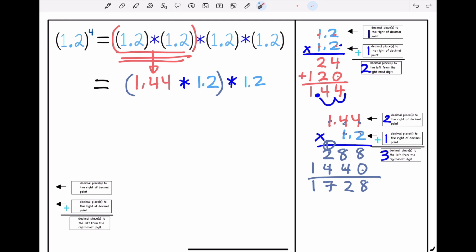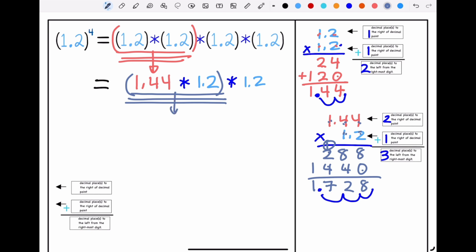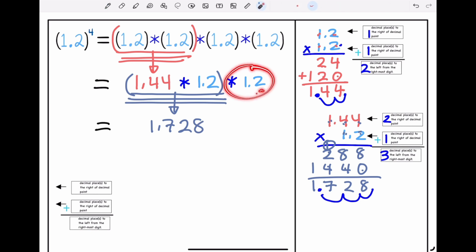So that tells us, starting from the very right digit, we're going to move 3 decimal places to the left. So we have 1, 2, 3. So our final answer here is 1.728. So we're going to replace 1.44 times 1.2 with its answer of 1.728. And now we only have 1.2 left.